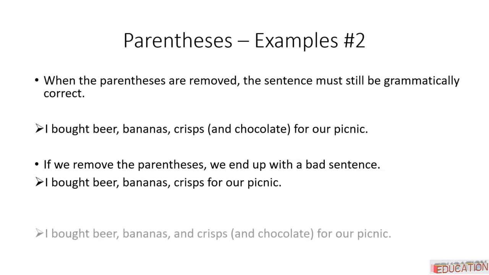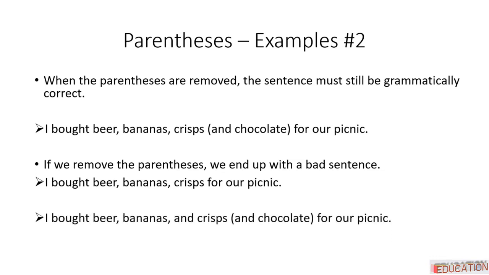So something is wrong. What we have to do is change the original to be, I bought beer, bananas, and crisps, and chocolate for our picnic. So when we then remove the parentheses, we're left with, I bought beer, bananas, and crisps for our picnic, which is a correct sentence.